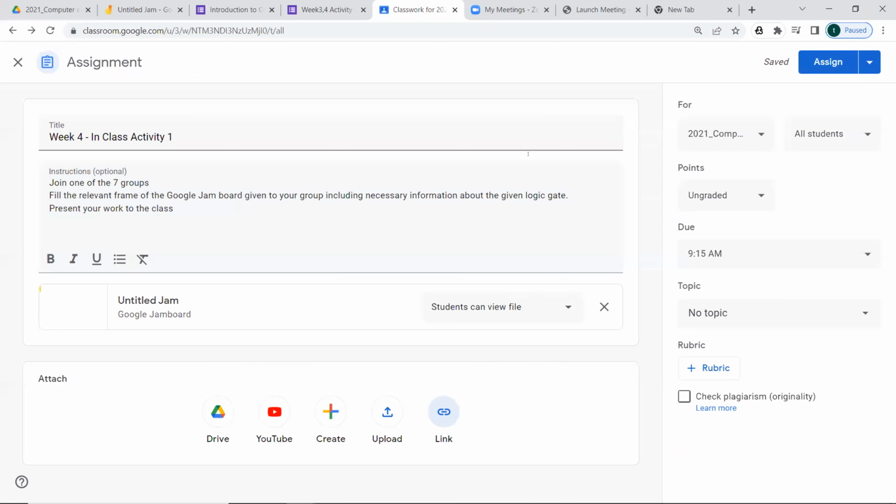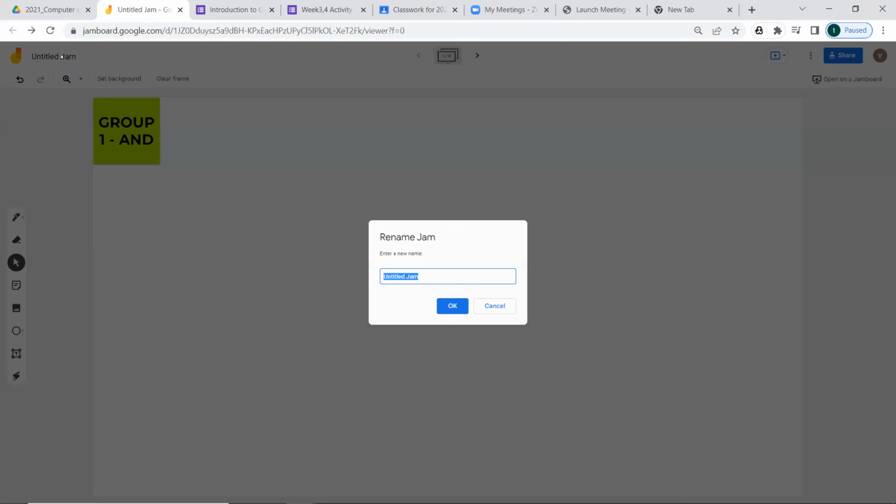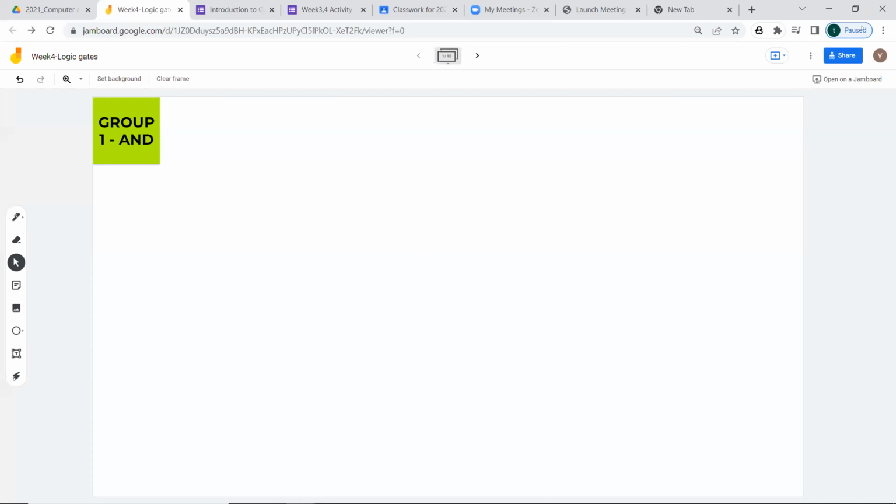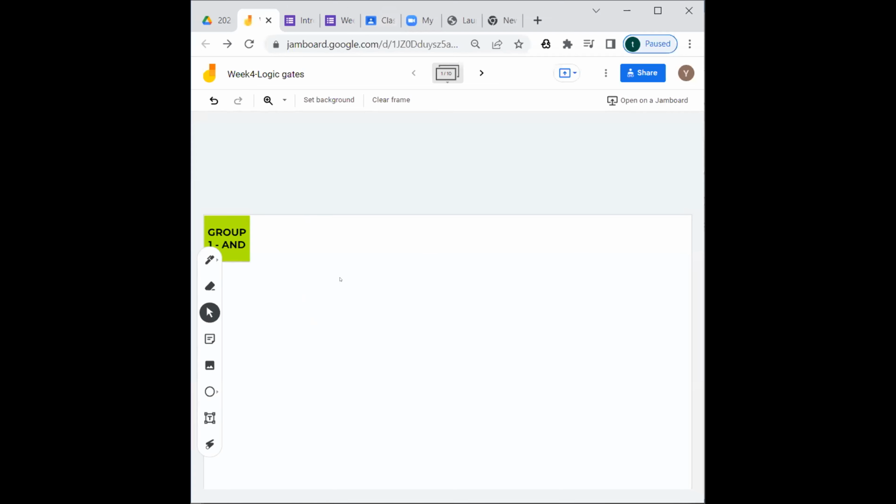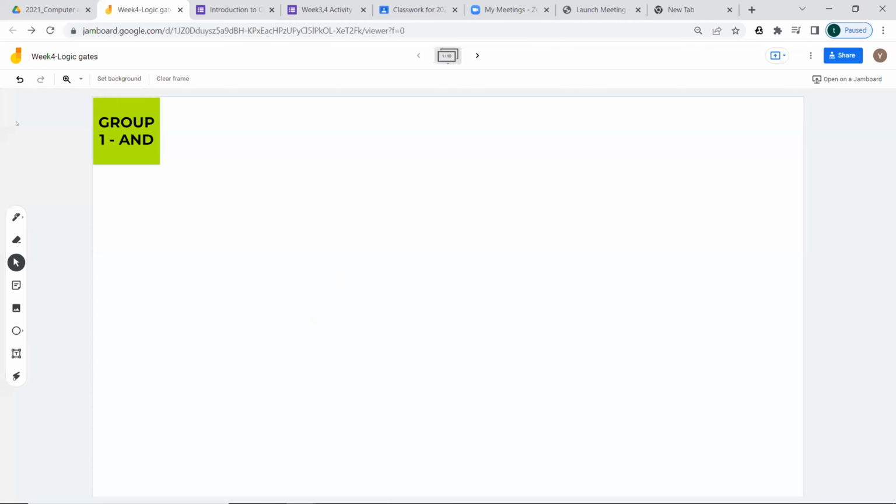I'm going to assign it to you, and here the link of the Jamboard is given. I'm going to change its name to logic gates. So what you have to do is fill the relevant content on it.